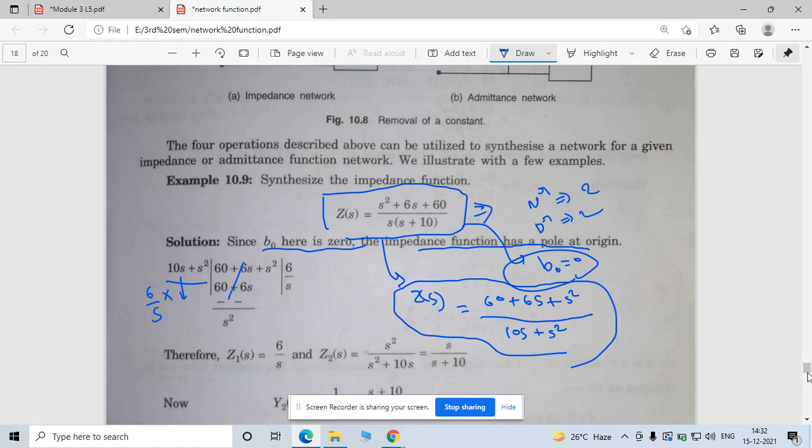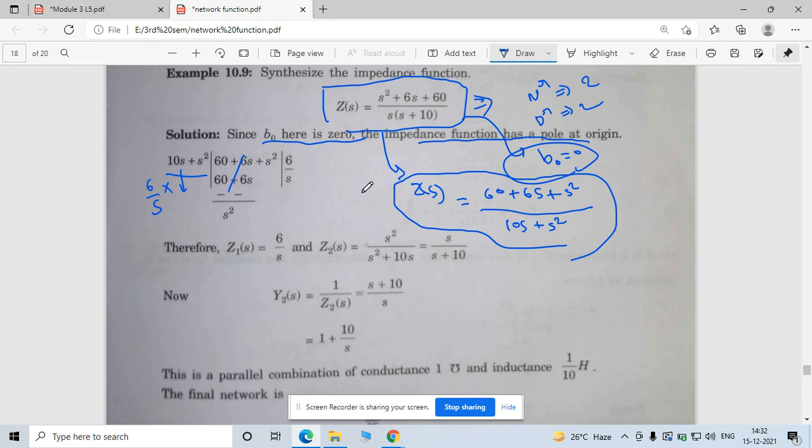Now for any circuit, when you use this division method with an impedance given, Z of s is nothing but your quotient plus your remainder divided by your divisor. In this format you can represent it.